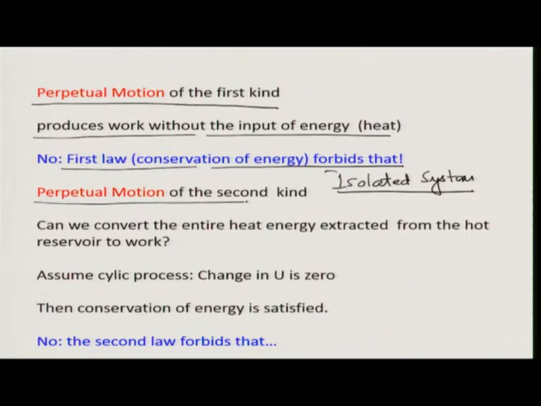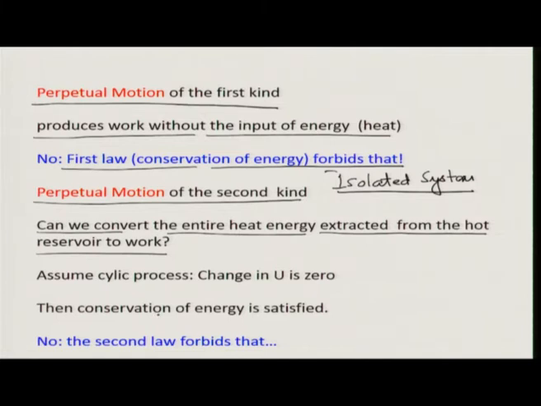What do I mean by that? How is it different from the first kind? It is asking the question, can we convert the entire heat energy extracted from the hot reservoir to work? That means I don't at all need the cold reservoir at temperature T2.